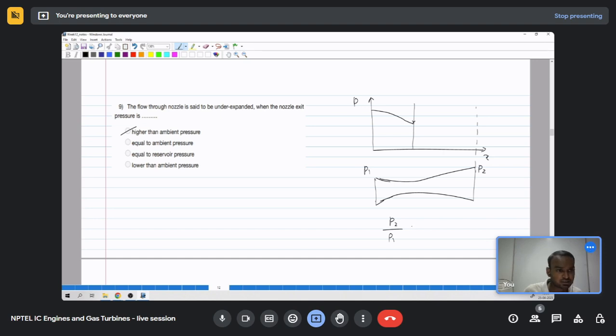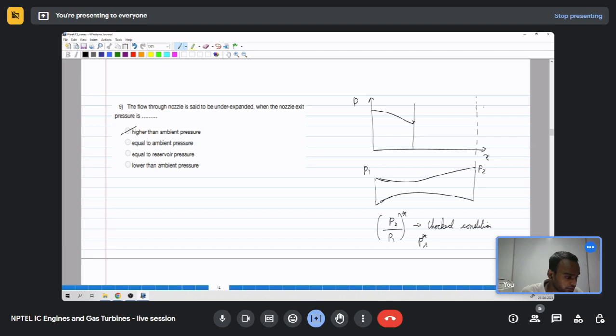P2 by P1 can be the critical pressure ratio, or it can be less than critical, or more than critical pressure ratio. The critical ratio means choked condition. I would write this as PR star, and actual PR is somewhere here.